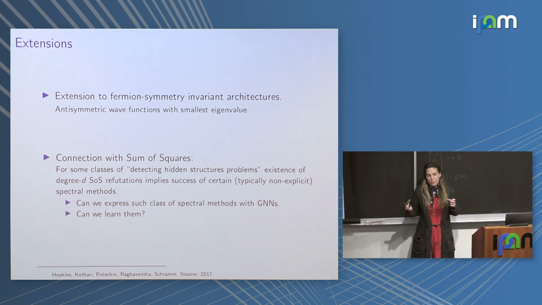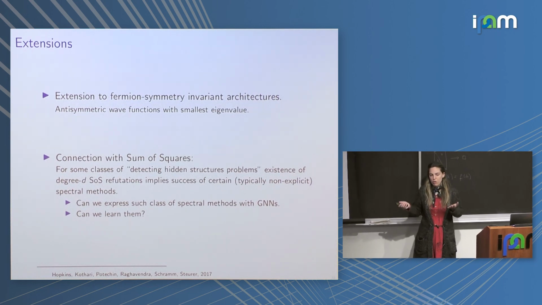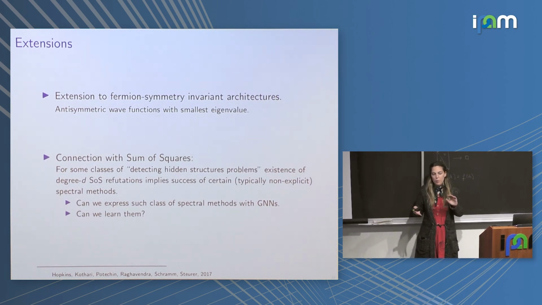The question is not only whether you can find this spectral method, which has a weird shape, with a graph neural network, but also that these spectral methods decide between a model on a graph and a planted model. Say this graph has a planted spike, or this tensor has a planted spike, or it's just a random tensor.